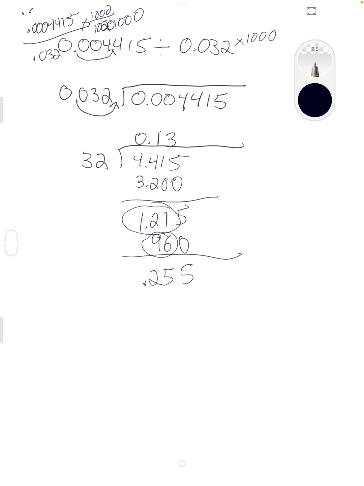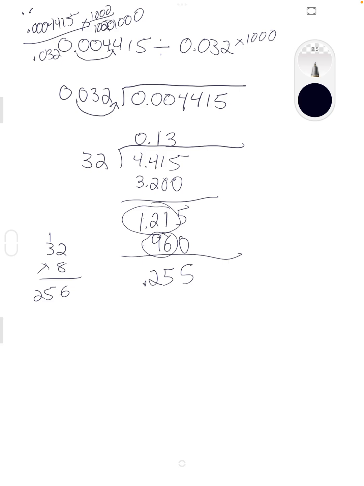Again, there's my decimal. So then I say 32 goes into 255. How many times? Well, 3 times 8 is 24. So let's try that one. 32 times 8. 8 times 2 is 16. And carry the 1. 3 times 8 is 24. 25. That's too big. 256.